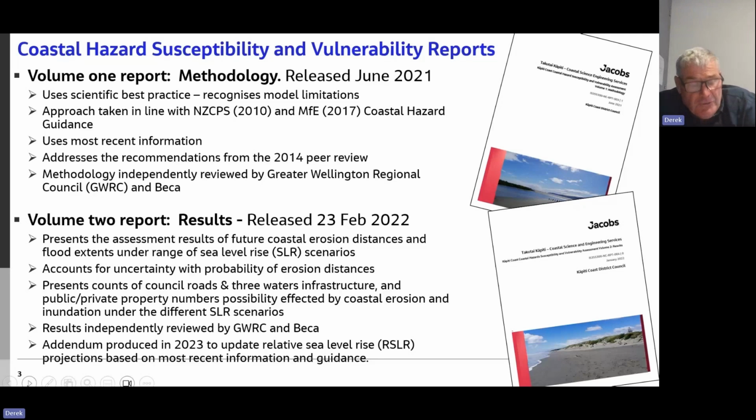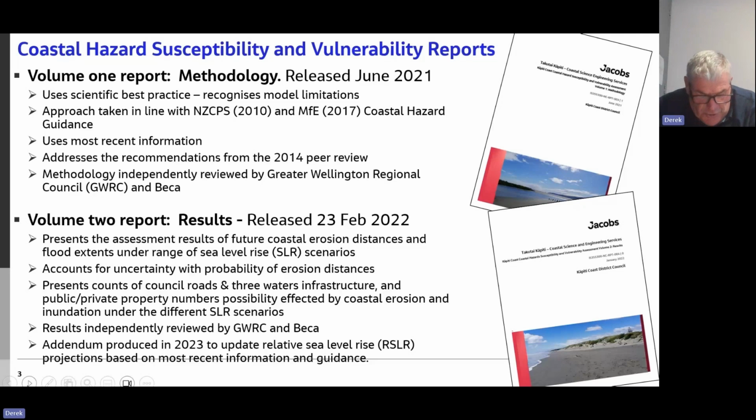The approach that we've taken is also consistent with Policy 24 of the New Zealand Coastal Policy Statement, which was released in 2010. Confirmation that we have followed the recommendations of the guidance and of the New Zealand Coastal Policy Statement has recently been received from both MFE and DOC by the Kāpiti Coast Council.